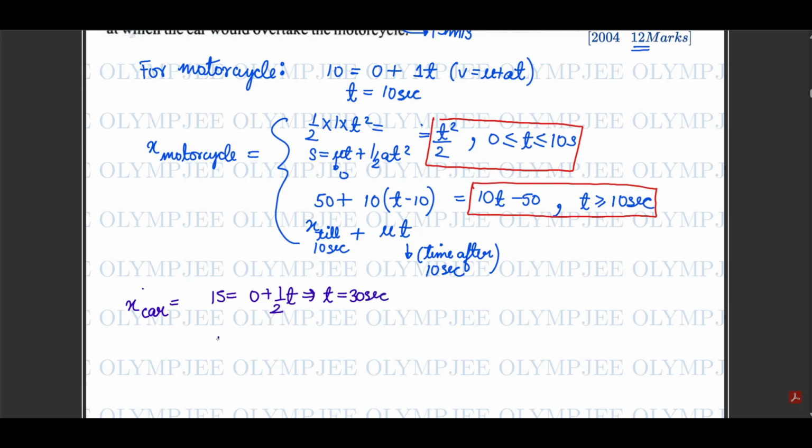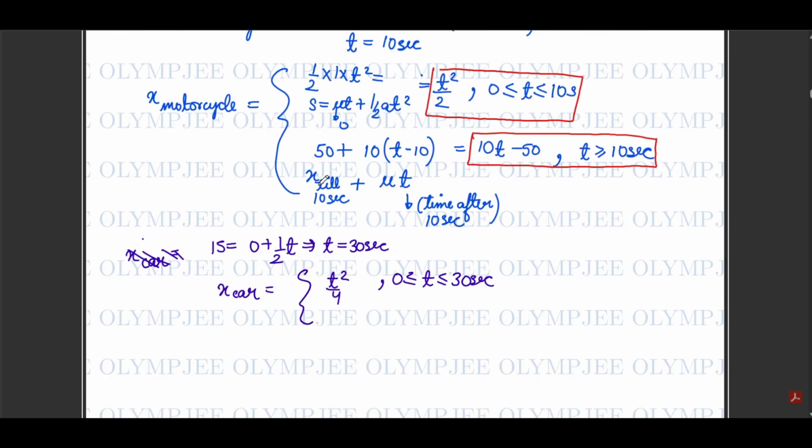So x of car can be given as t square by 4 for 0 to 30 seconds. After that, at 30 seconds it has traveled 900 by 4 meters. So 900 by 4 plus the velocity into t minus 30. Same logic as above. So this will give 15t minus 225 for t greater than 30 seconds.